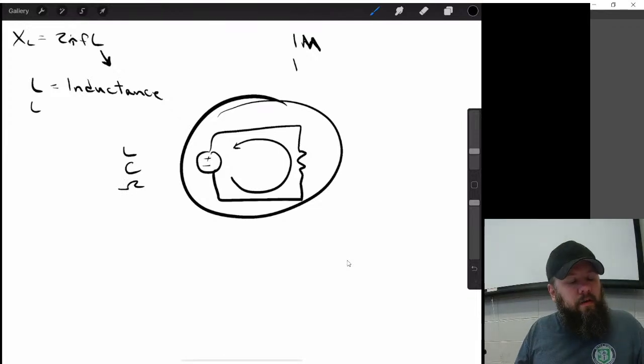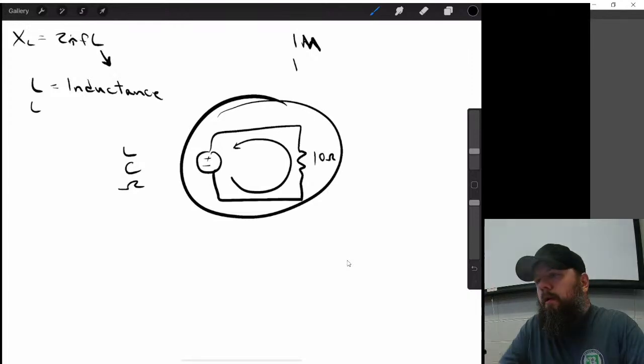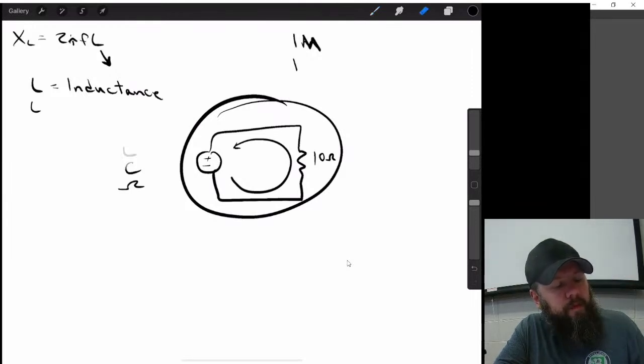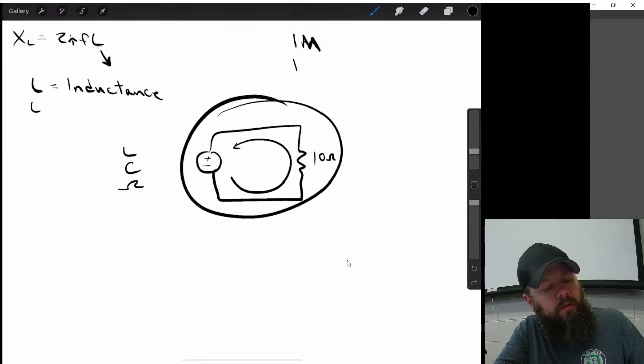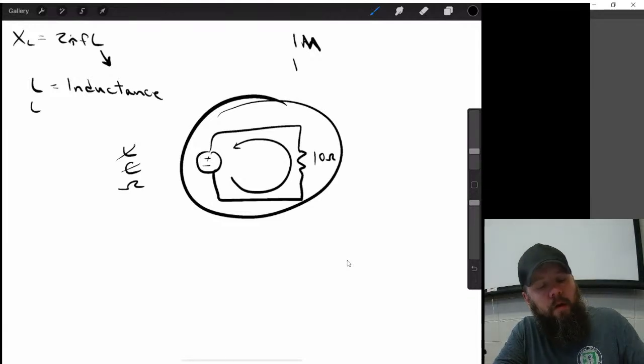But in this circuit right here, we've only got one loop of wire, and we've got a really big, let's say even 10 ohms, that's a significant resistance. So a lot of times we can kind of ignore the things that aren't big. All right. We're about to get into where the circuit has a little bit of everything. Okay. It's got inductance, it's got capacitance, and it's got resistance.